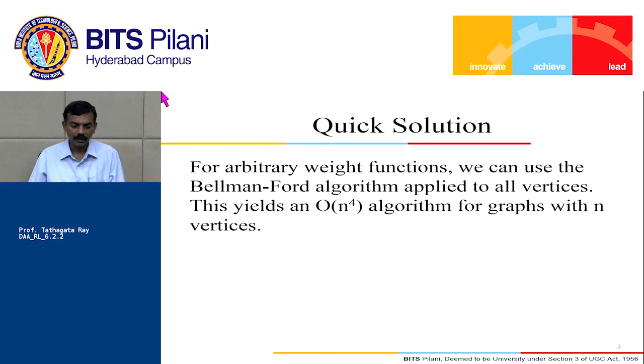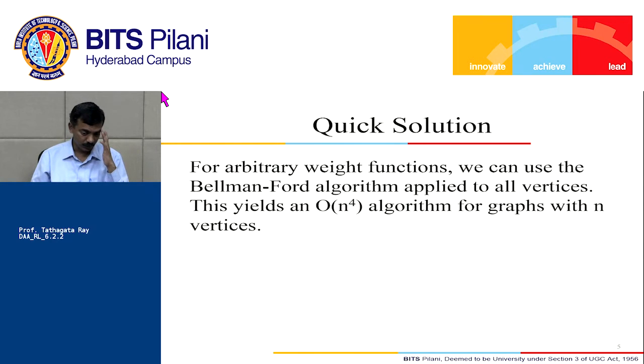Now if you have an arbitrary weight function where weights could be negative, we already know Bellman-Ford. Bellman-Ford can find the shortest path from a given source vertex S to every other vertex in the graph.